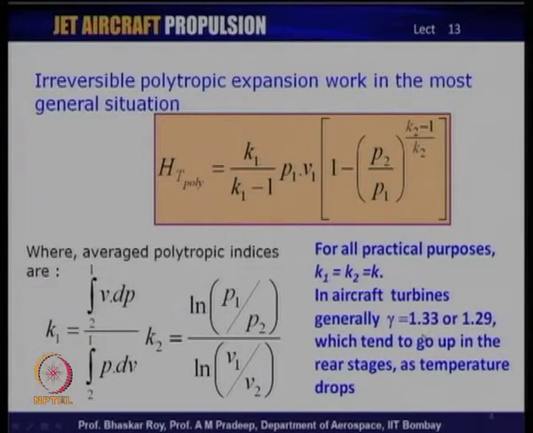When the temperatures are very high, that is in the HP turbines, the value of gamma is likely to be lower, that is 1.29, but later on the value of gamma could go up to 1.33 in the LP turbines. So, those are some of the values you may like to use if you want to do a more rigorous analysis, because gamma as well as CP, CV, as you know, are dependent on the operating temperature at that particular location.